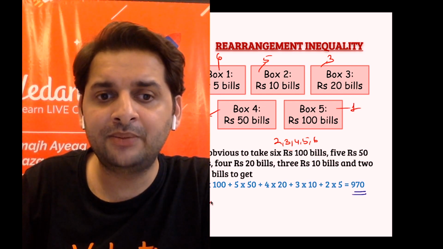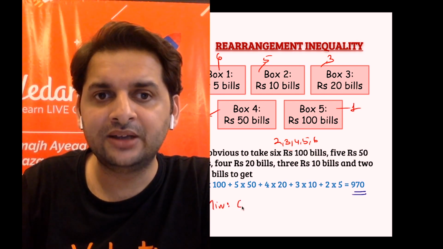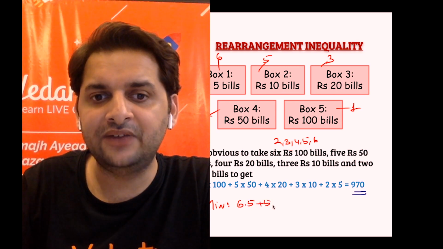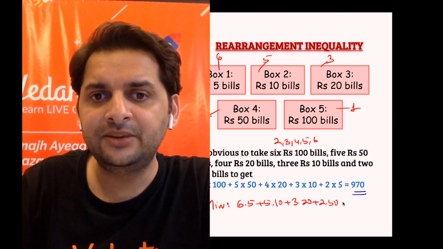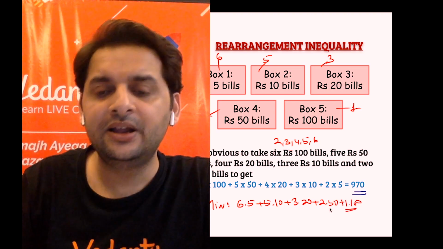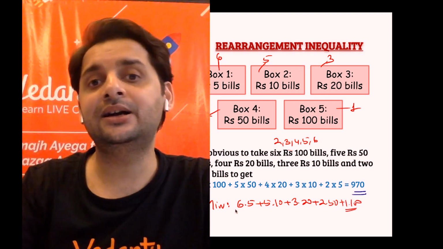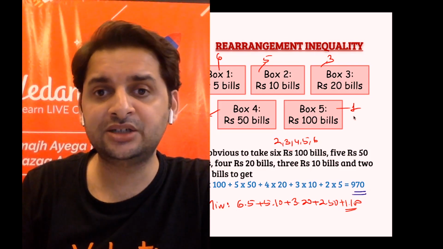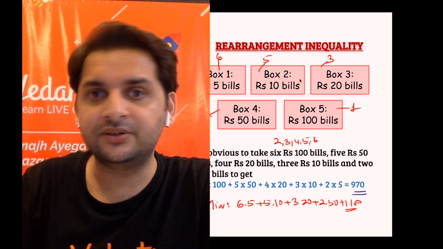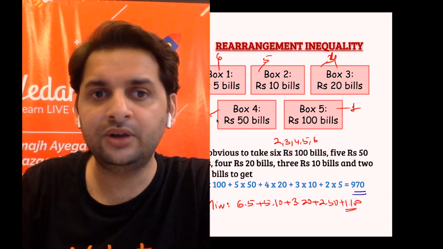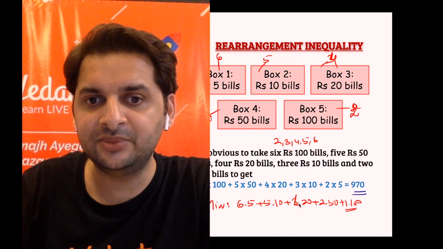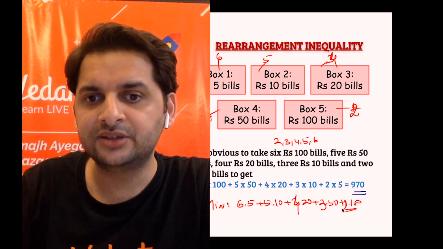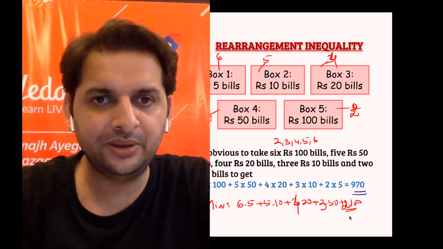So the minimum amount would be 6 into 5 plus 5 into 10 plus 4 into 20 plus 3 into 50 plus 2 into 100, whatever that comes out to be.